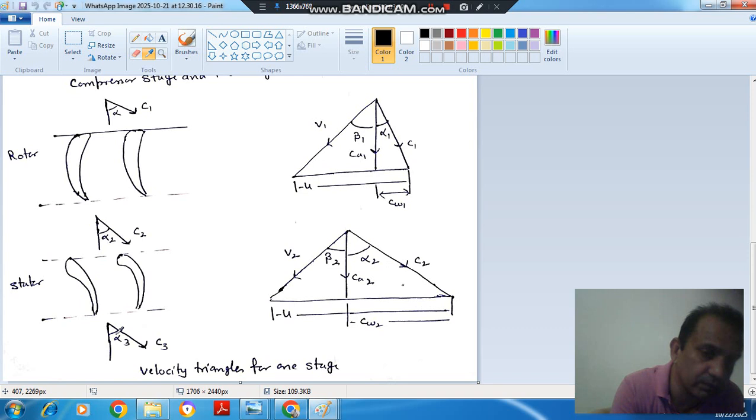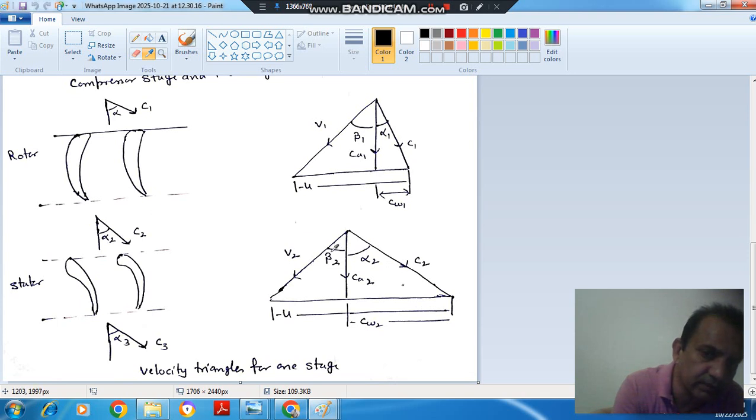It is the outlet blade angle of stator, because the stator is stationary, so we take the absolute velocity. And beta 2 is the outlet angle of the rotor blade, as the rotor is not stationary, so we take the relative velocity angle.